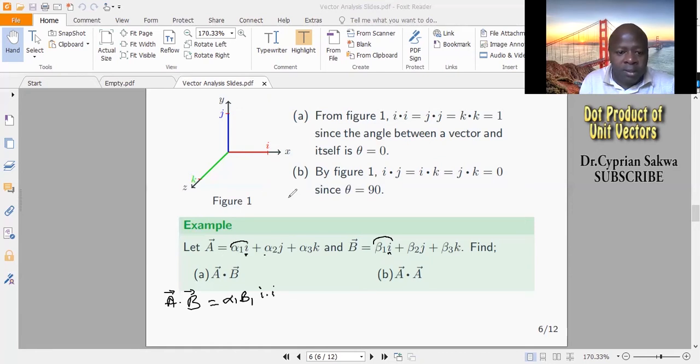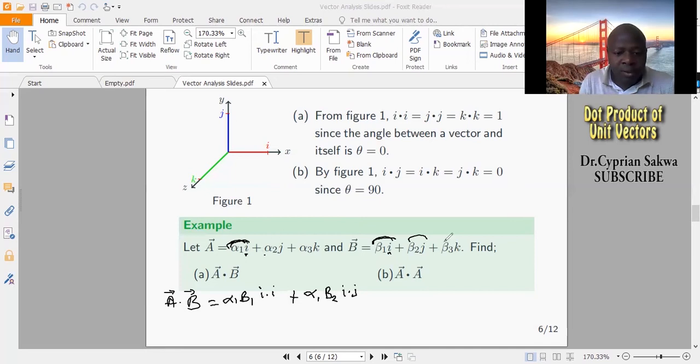Okay, so I've multiplied this and this. Let me now do this and this. This will give me alpha 1 beta 2 i dot j.